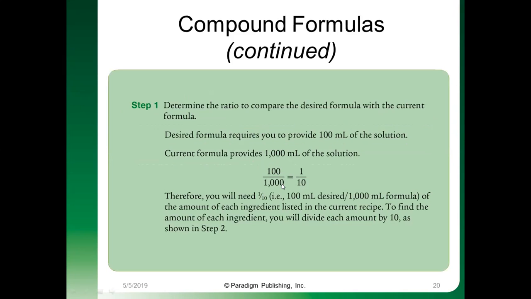And the current formula, what you have, is going to be in the denominator. So 100 divided by 1,000 gives you 1/10. Therefore, you will need to divide everything by 10 from your current list in order to get the correct amount of medication that you need.